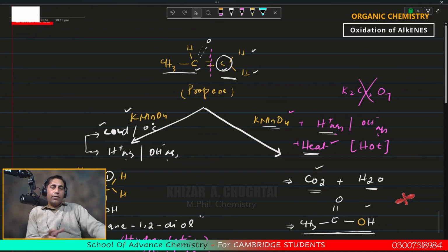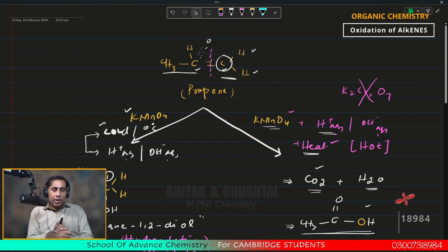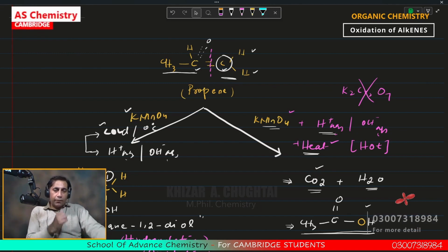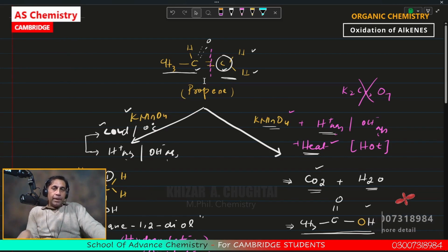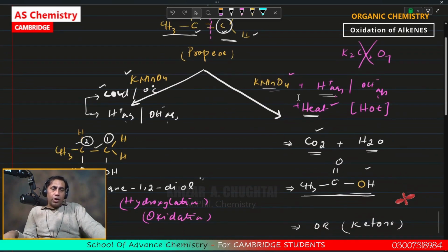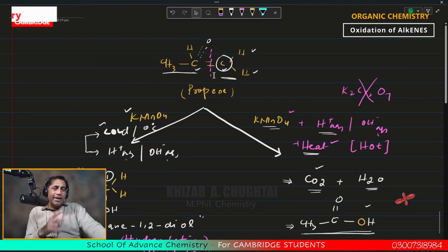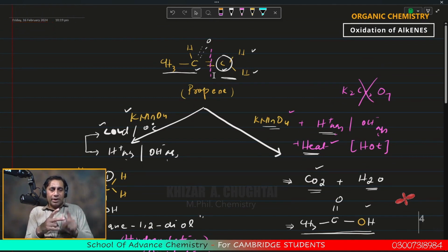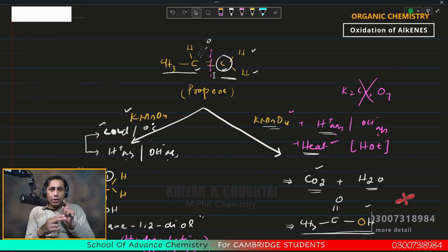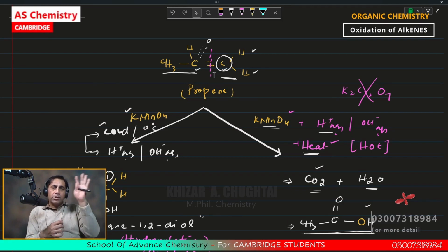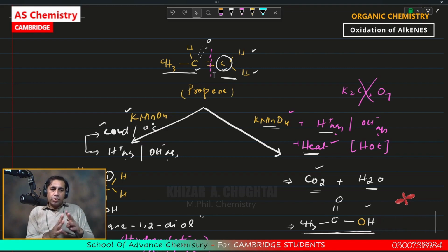So in case we are going to heat with KMnO4, this is called hot condition, then both of the double bonds, I mean, basically a double bond is made up of two bonds. One is sigma bond, one is a pi bond. If you are going to heat, then at first step, both bonds are broken down, and the molecule is changing into two parts from that double bond.